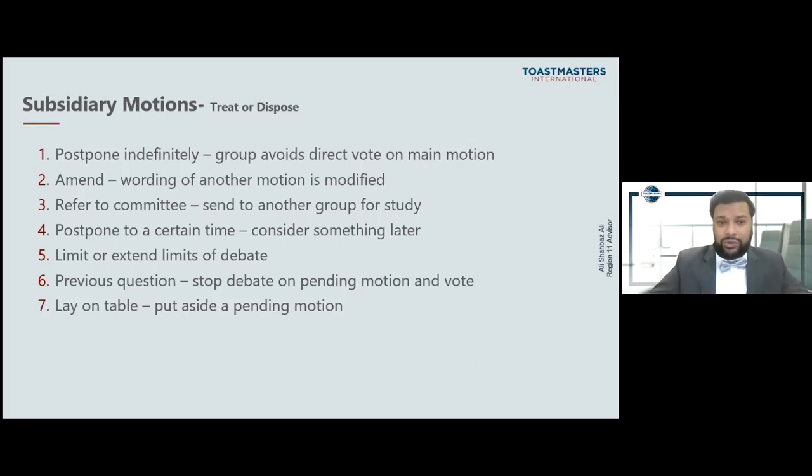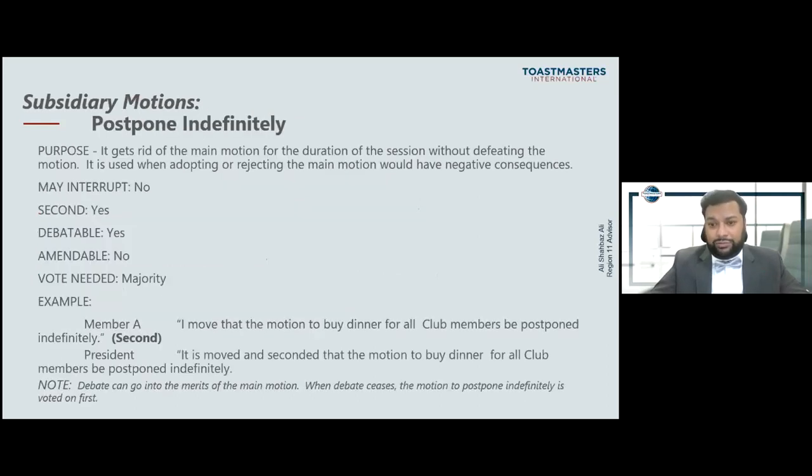We can refer it to a committee, which is motion number 3 on the screen, or number 4, postpone to a certain time. And this also we'll be discussing in our future series. But for postpone indefinitely, as I said, it's softly killing the whole motion. We really don't know when we are going to bring it back.